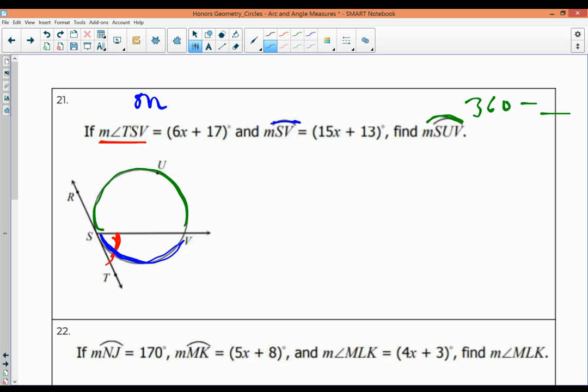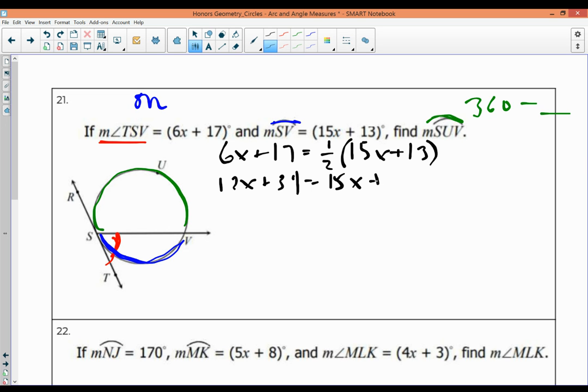Okay. So the measure of the angle is half the measure of its intercepting arc. So I'll multiply by 2 to both sides. 12x plus 34 equals 15x plus 13. So I get 21 equals 3x, with x equals 7.